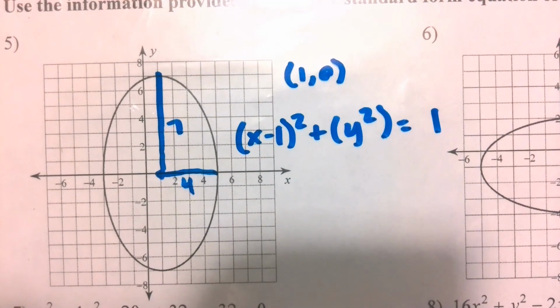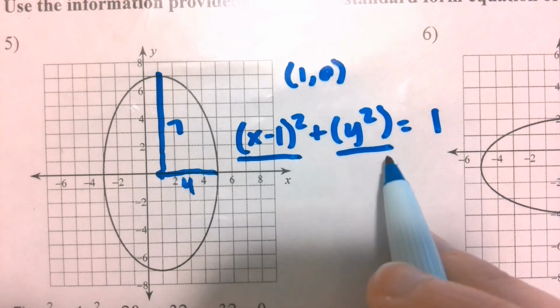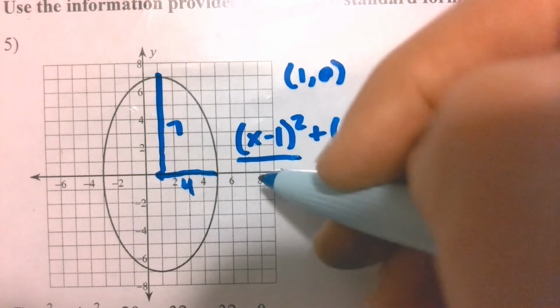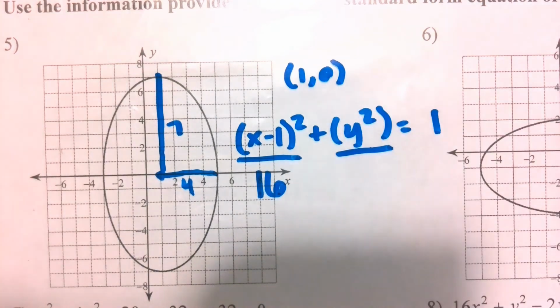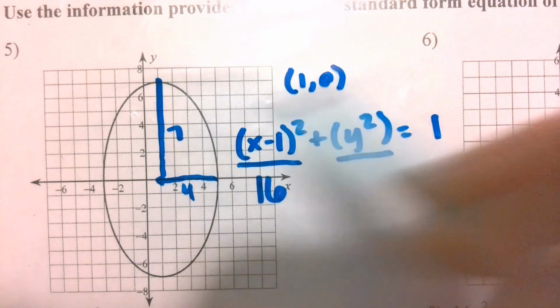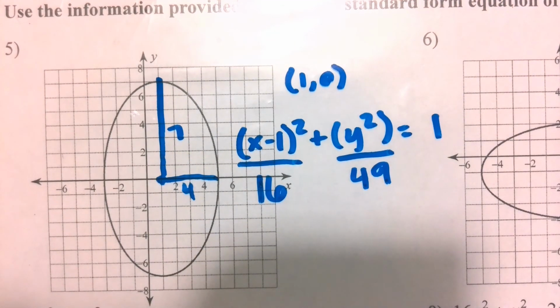Our ellipses are always equal to 1, but then we have to worry about what's underneath. So our x distance is going 4 left and right, but remember it's 4 squared, so it would be 16. And then underneath the y is our up and down, and it went up and down 7, but 7 squared is 49. So that would be our equation of the ellipse.